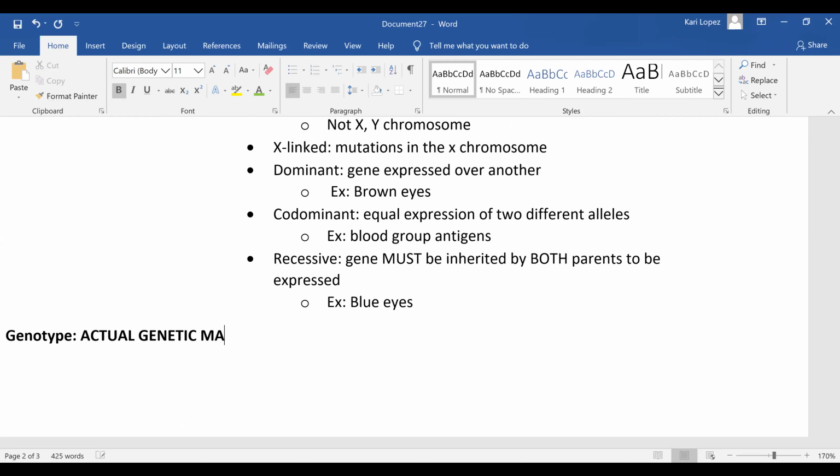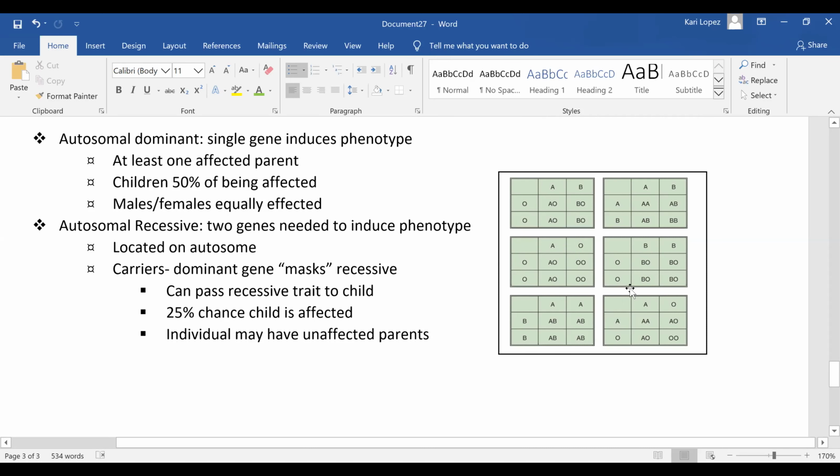So this group O right here is recessive, so you need both genes to be O to phenotype as type O. Out of all these squares, the only way to get a group O child is to have either a homozygous parent for group O or a heterozygous parent for another blood group, and a homozygous for, or two heterozygous. You cannot have either parent be homozygous for A or B and have a group O child.